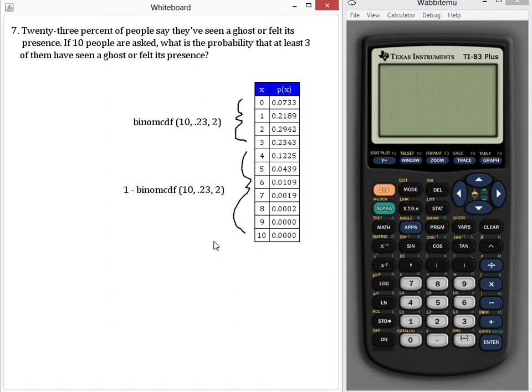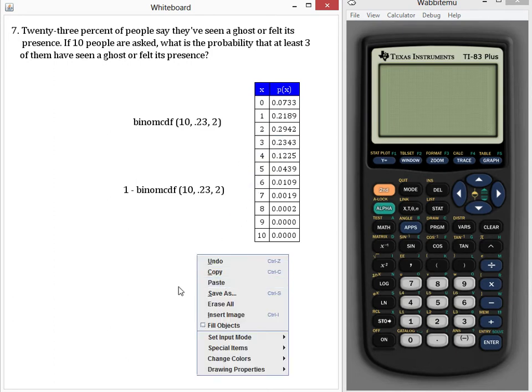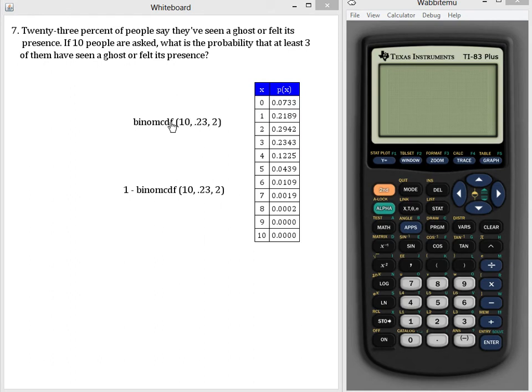Now, what that's going to do, let me get rid of these, is binom CDF up to 2 will just include 0, 1, and 2, these probabilities. So the complement of that is going to be starting from 3 and going all the way to 10. So that's what I'm looking for right here.